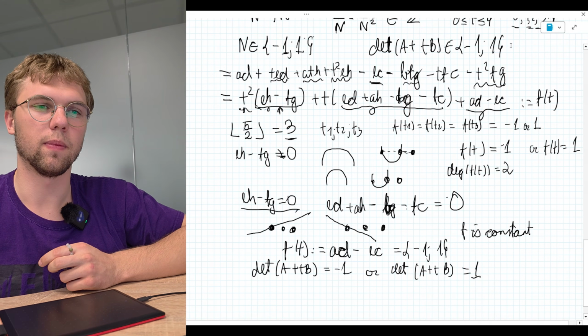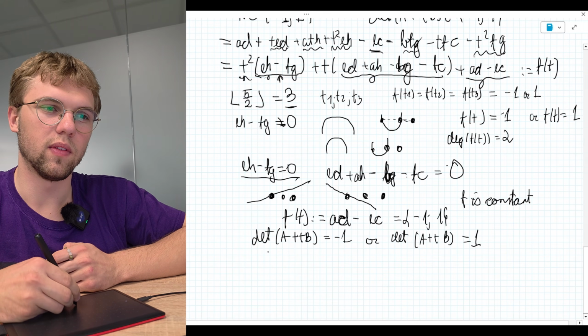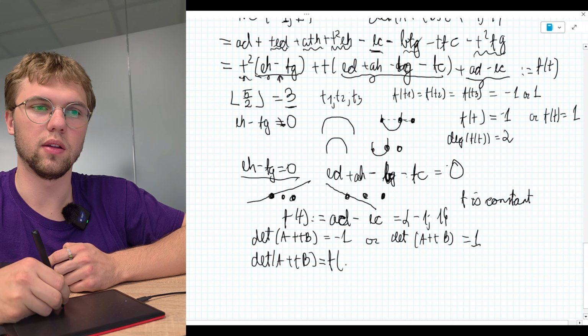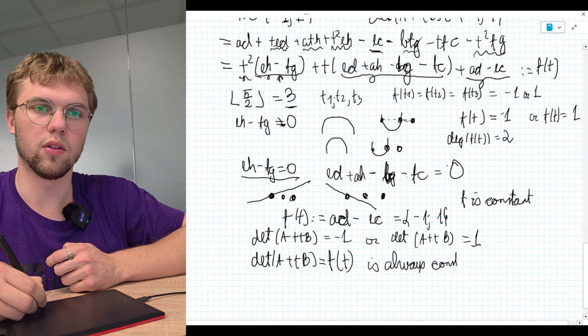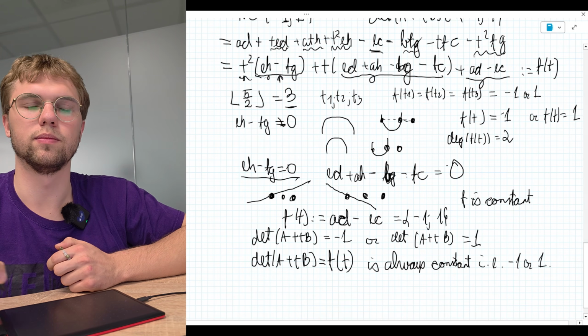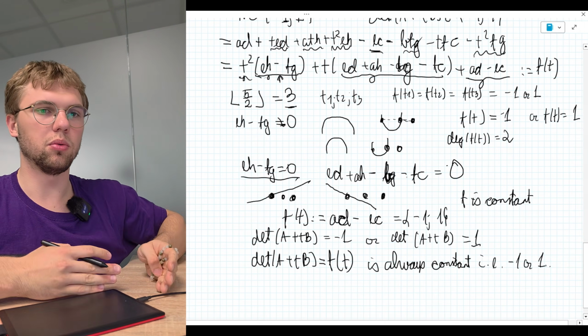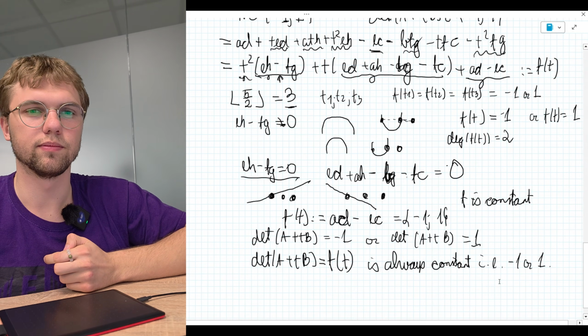So as a matter of fact, we get that the determinant of a plus tb, or f of t, is always constant, i.e. -1 or 1. It can't jump even. Either it has to be -1 or 1. It can't be jumping all over.